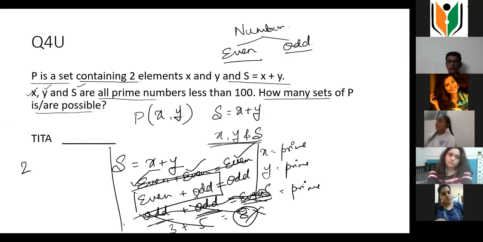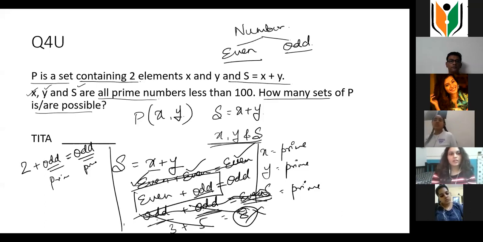And then you're talking about an odd number here, and both these values should be prime. So basically you're saying 2 plus 3 is 5. 2 is prime, 3 is prime, 5 is prime. 2 plus 5 is 7. 2 is prime, 5 is prime, 7 is prime. 2 plus 11 is 13. 2 is prime, 11 is prime, 13 is prime.